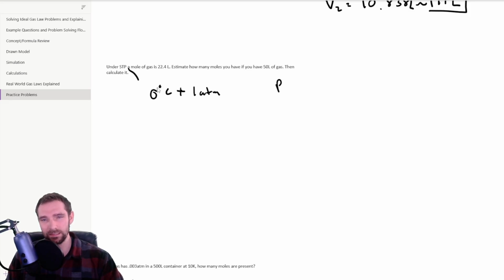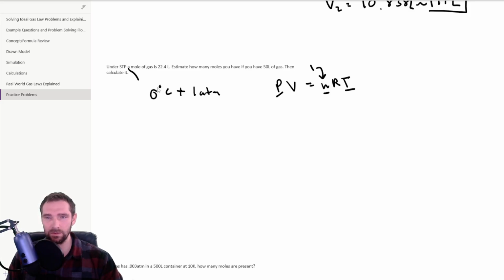Because what basically this is saying is like PV equals nRT. When we're at STP, you know your pressure, and you know the temperature. And what you're basically saying is that this is 1.